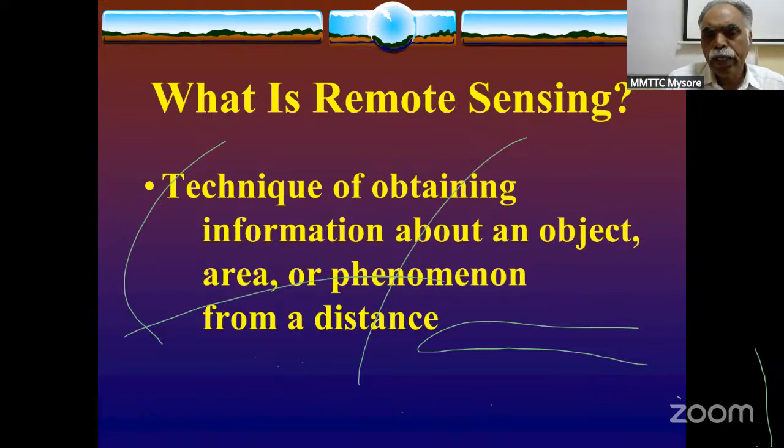And what it does is collect information on a particular object, or area, or a phenomenon. So whether it's the phenomenon of air circulation, water circulation, or forest fire, we can do all sorts of study from a remote place.